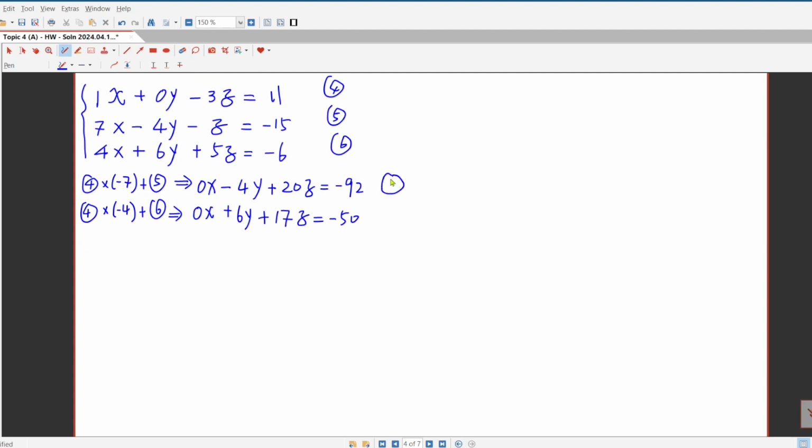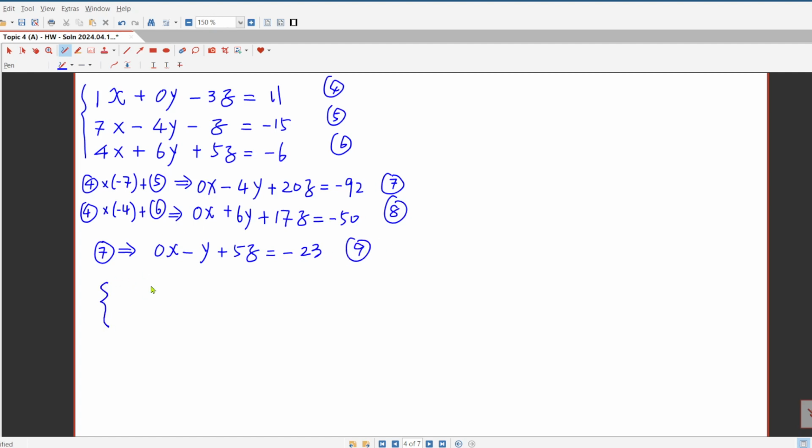Okay, so let's call this 7 and 8. Also note that equation number 7 can be simplified to 0x minus y plus 5z equals -23, right? So this is equation number 9.